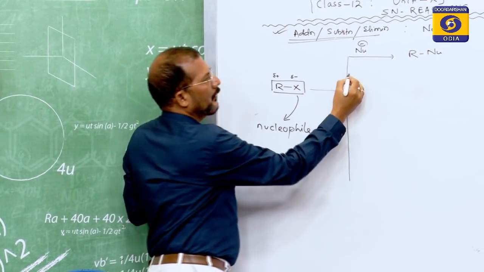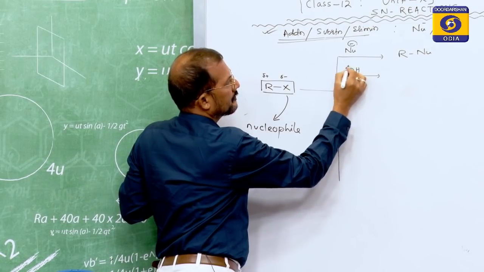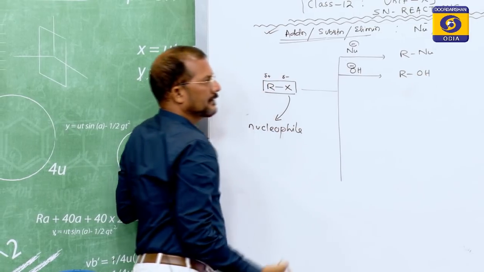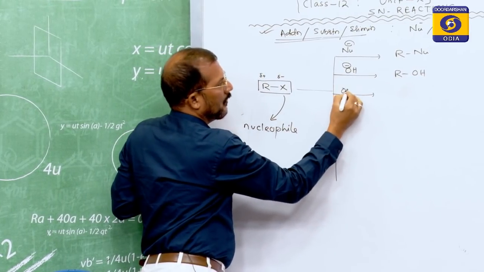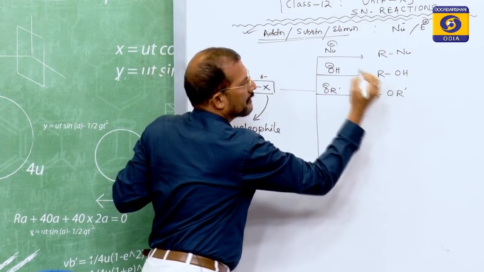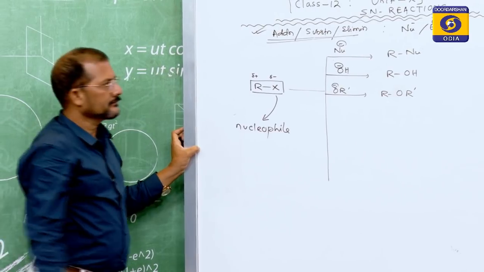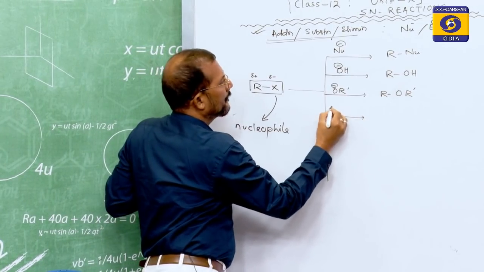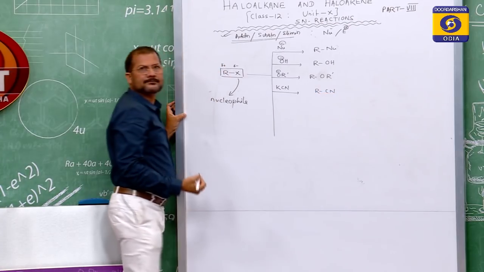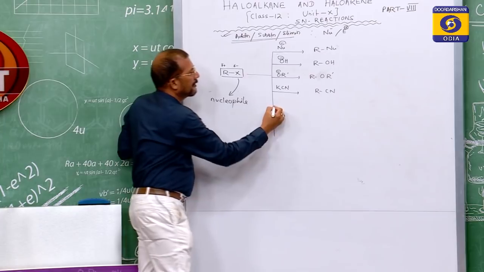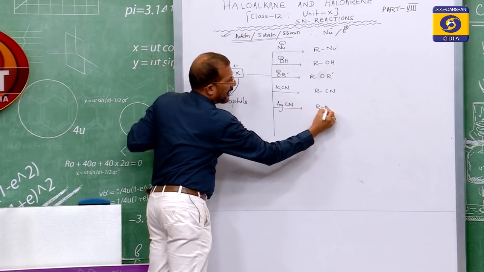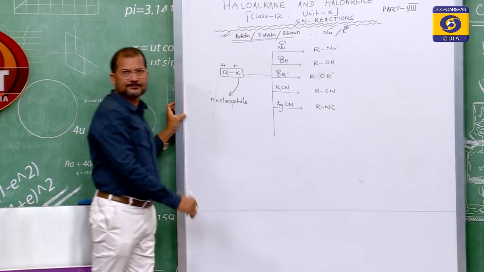Suppose I give OH minus, then ROH will be the product. If I give OR minus, then ROR dash will be the product. If we give KCN, then RCN is the product. If we give AgCN, then RNC isocyanide is the product.